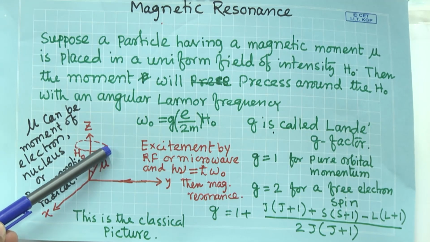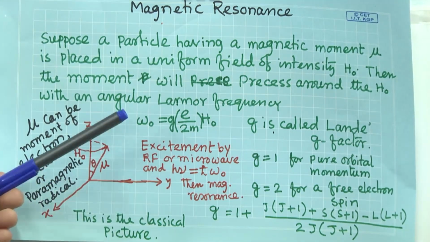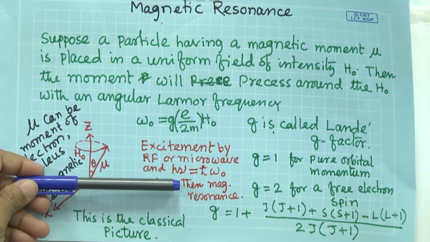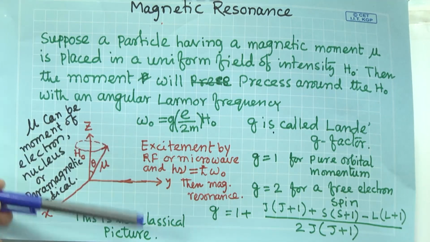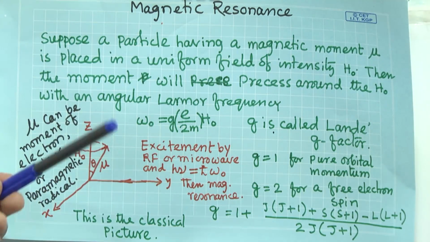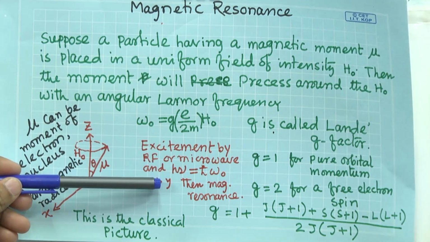It will also rotate, taking this y direction as an axis. So, there will be another precession because of this one extra field, the AC field, if I give it along the y direction and that field is rotating in the xy plane around the z axis.